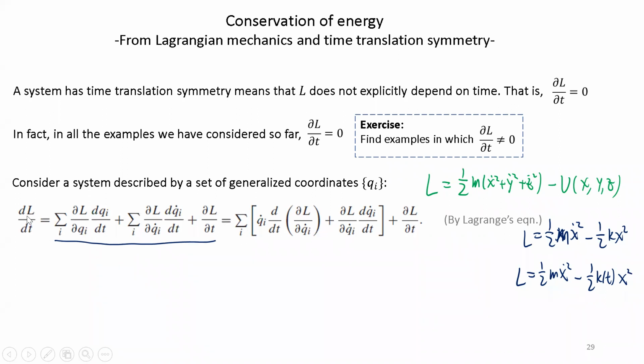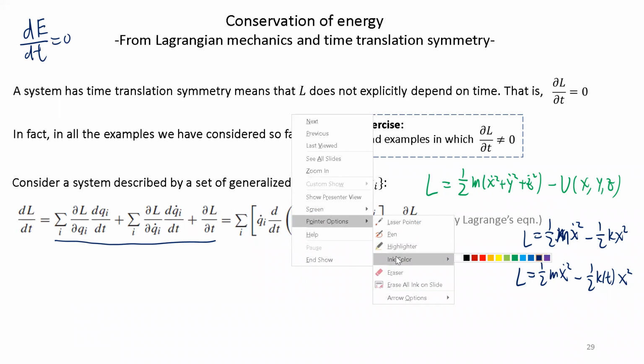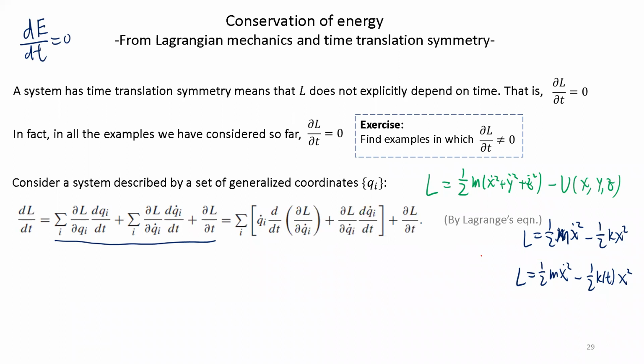Because at the end, what I'm trying to show is that the time derivative of the energy is zero. So that's conservation of energy. That is the end result I want to show. But I'm starting with this dL/dt. Now from this step to this step, what I only manipulate is this term.